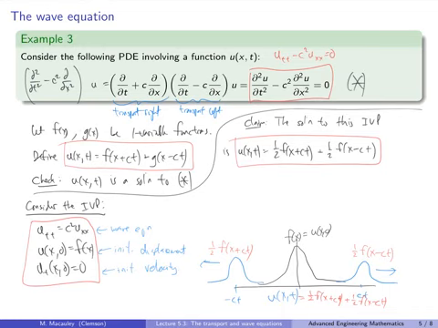Let's just check that. If you take the derivative with respect to t, what do you get? You get 1/2 f prime of x plus ct times the derivative with respect to t, which is c, plus 1/2 f prime of x minus ct times the derivative with respect to t, which is negative c, and you get 0. So yes, this in fact solves this initial value problem, and it completely matches our intuition as well.